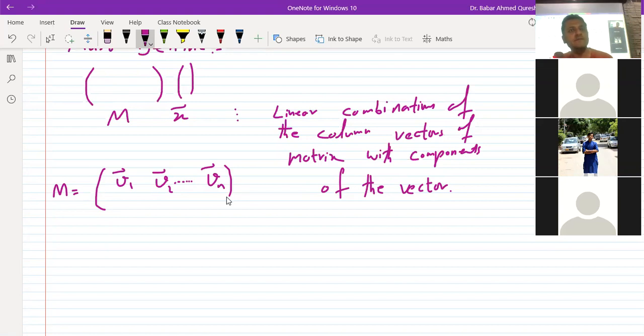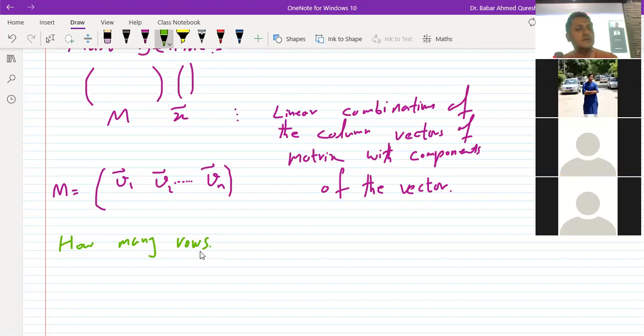And how many rows are in this matrix? One, sir. No, this matrix doesn't have one row because each column has a number of entries.